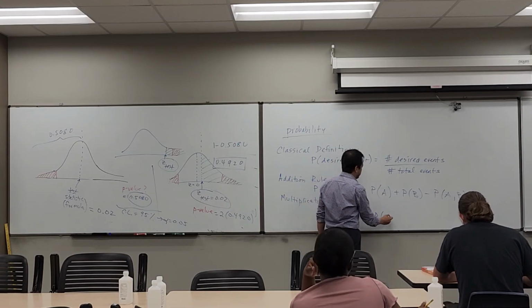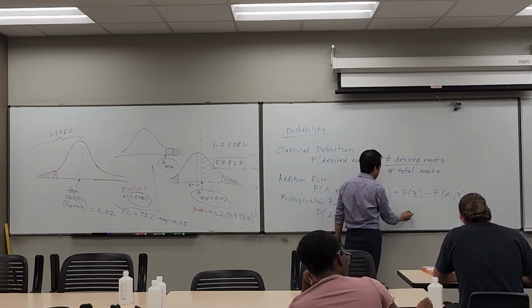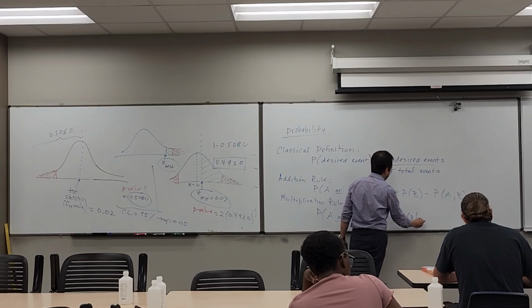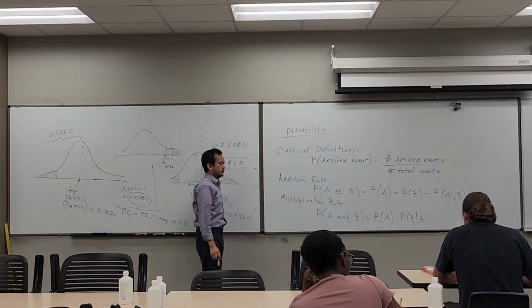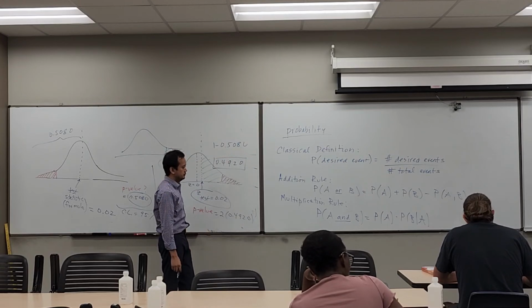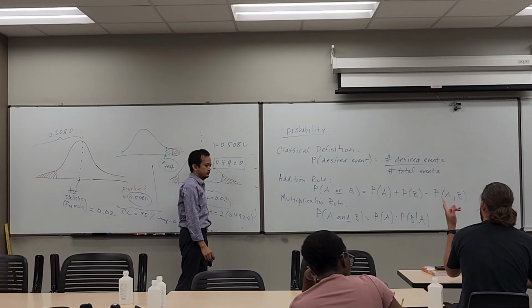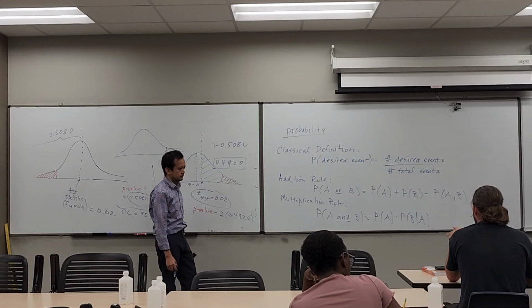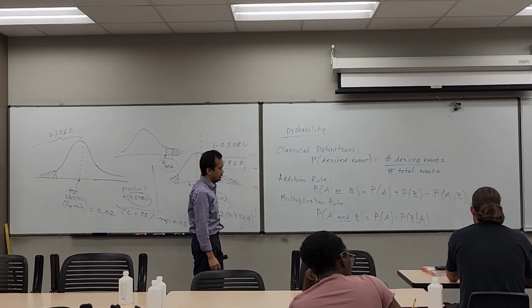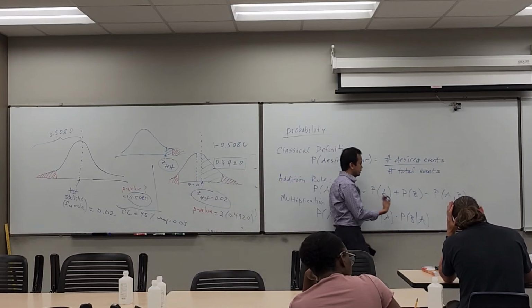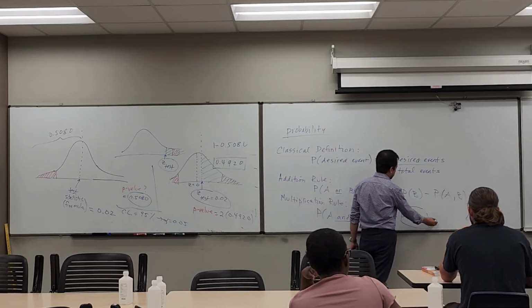So this would be the probability of A times the probability of the second event, given that everything before it is assumed to be true. And that's probability of A multiplied by the probability of B given A, right? Okay. So the multiplication rule in general requires this conditional probability.